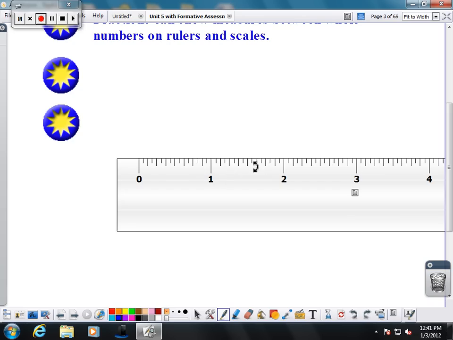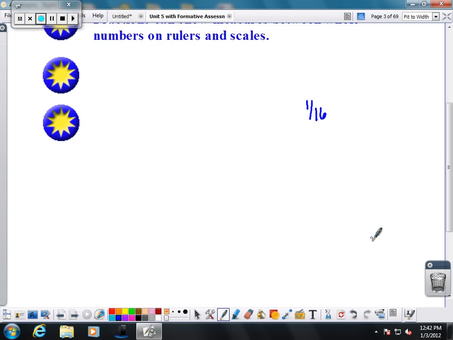There are 16 equal spaces in between this 1-inch mark and this 2-inch mark. So the ruler is going to be broken up into 16ths. We would say that 1/16 would be the distance between this line and this line. This would be 2/16, 3/16, 4/16, 5/16, 6/16, and so on. So that's a good example of how rulers are used for fractions.